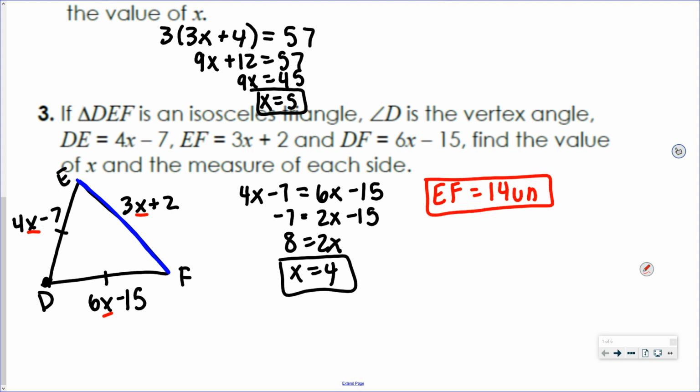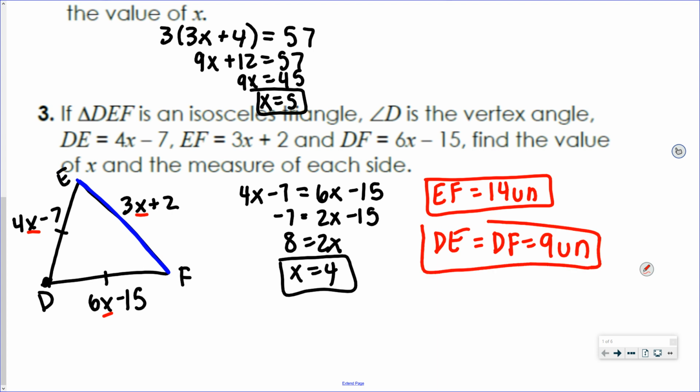And then I just plugged in 4 for DE, and I got 9, and I recognize that DE is the same as DF, and they're both 9 units. And you can write your answer like this if you want to. Okay. That's a little review over lesson 4.1, which we did on Tuesday.